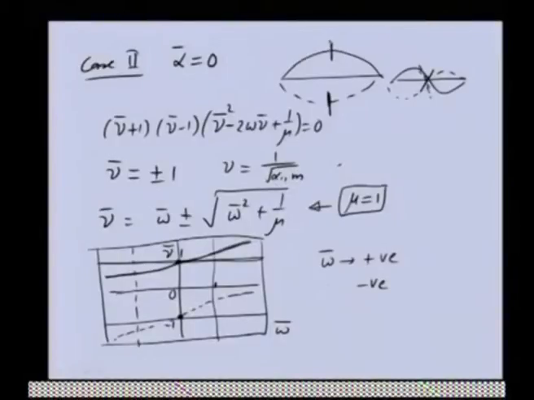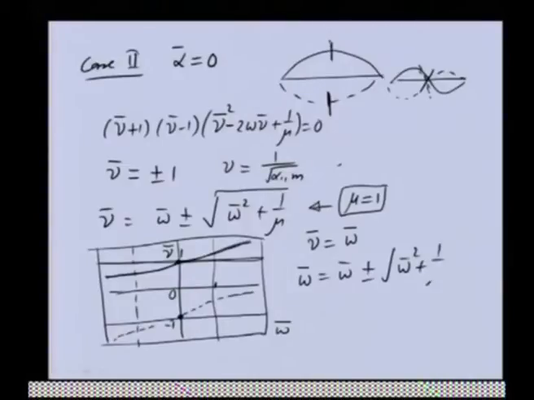If you want the critical speed, the critical speed condition is that the whirl frequency should be equal to the spin speed. So if we substitute nu bar is equal to omega bar in this expression and solve for omega, we will get omega bar is equal to omega bar plus minus the square root of omega bar square plus 1 by mu.